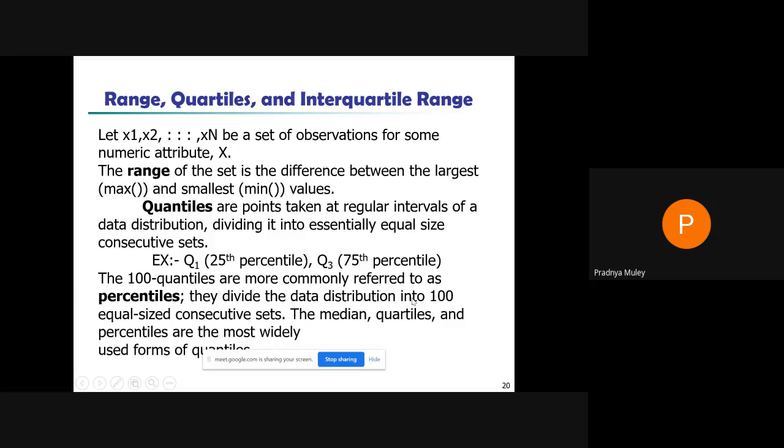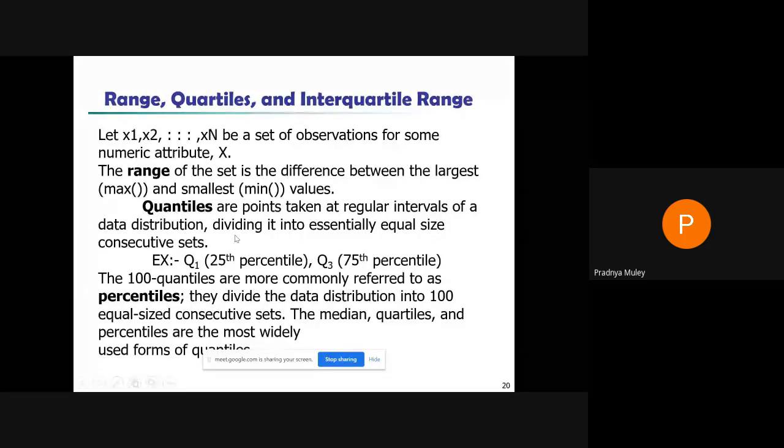They divide the data distribution into 100 equal sized consecutive sets. So what is a quartile? Quartile means the data is divided into 4 quarters. So first quarter, second quarter, third quarter, and the fourth quarter. Each quarter is known as a quantile.